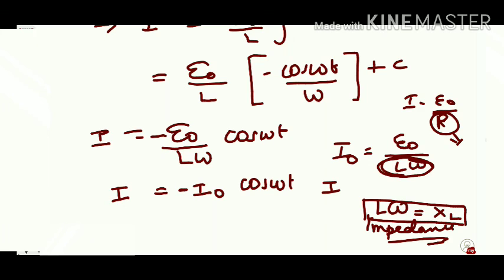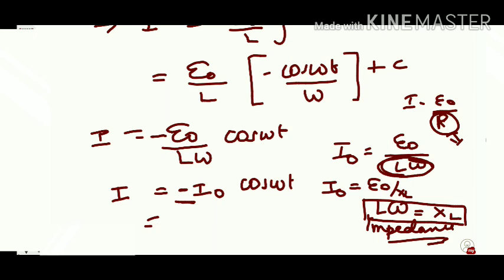So I naught is usually written as epsilon naught by XL in the case of an inductor circuit, in place of R, because there is no resistor, right? The small resistance offered by the inductor is known as inductive impedance, right? Clear? So epsilon naught by XL, or XL is written as L omega. Now this is a minus component, right?